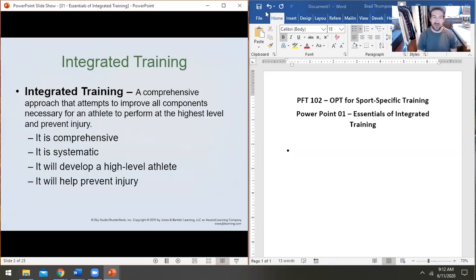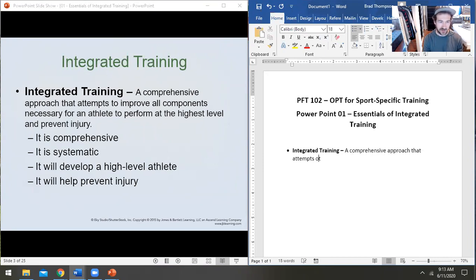So starting with our big definition right off the top here: integrated training is a comprehensive approach that attempts to improve all components necessary for an athlete to perform at the highest level and prevent injury.